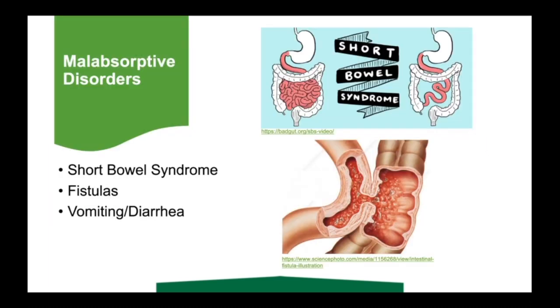Examples of conditions associated with nutrient and fluid malabsorption include short bowel syndrome, enterocutaneous fistulas, and vomiting/diarrhea. For short bowel syndrome, as seen by the name, this is when the small bowel has been shortened due to a resection, resulting in malabsorption. In essence, the small intestine is much shorter than normal in both length and function.